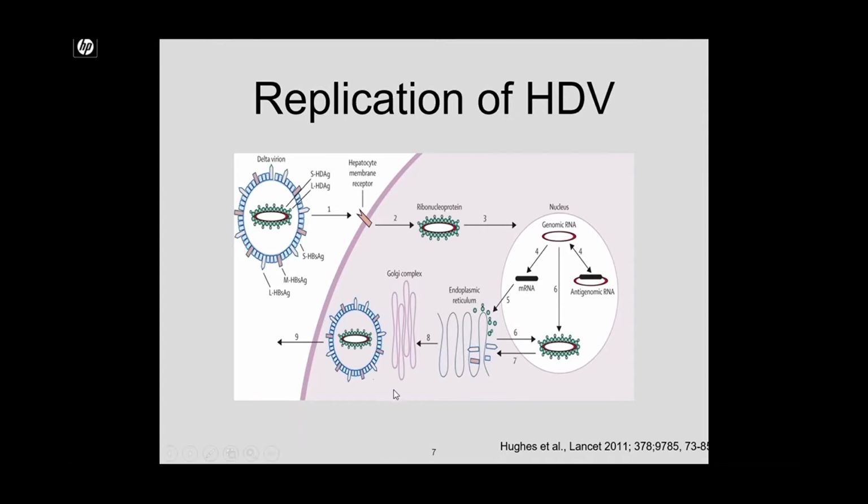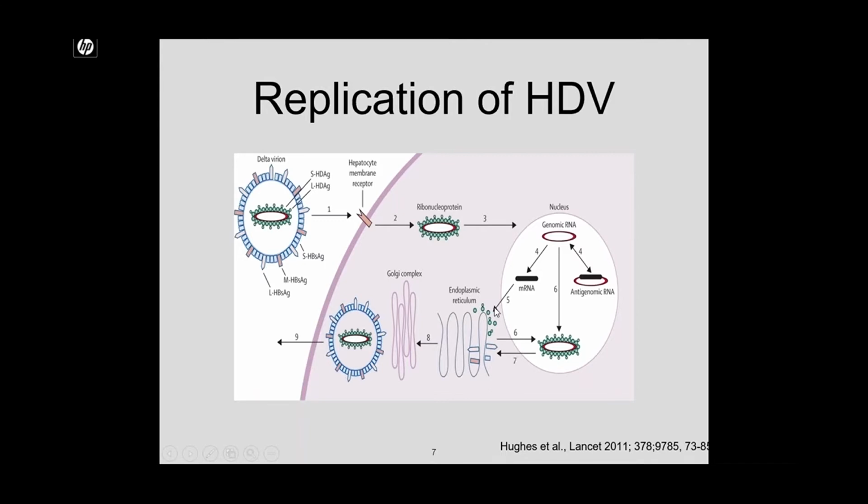The third step is the assembly. There are also drugs, like prenylation inhibitors, which act here, and then release will occur. It's important to see that one important target is sodium taurocholate, the entry inhibitors, and prenylation inhibitors are coming.